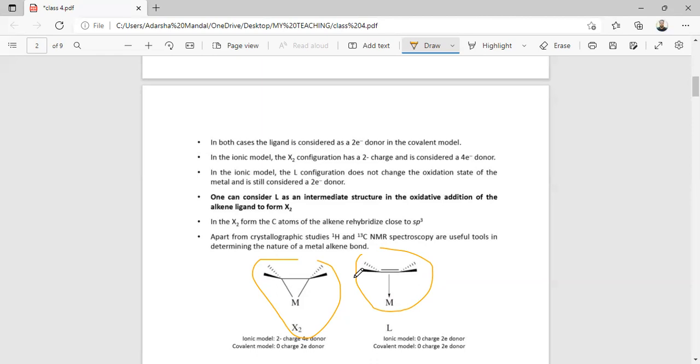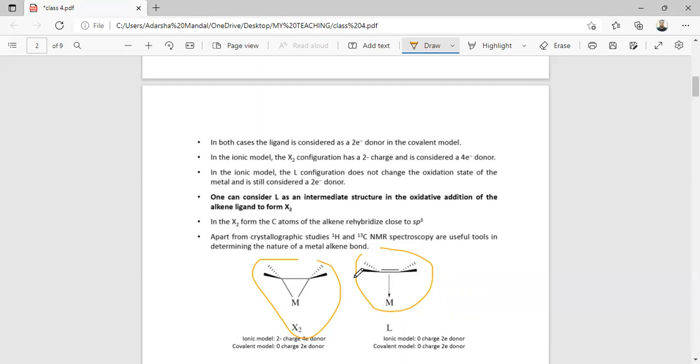In both cases, the ligand is considered a two electron donor in the covalent method. But in the ionic model, the X2 configuration has two negative charges and is considered a four electron donor. In the ionic model, the L configuration does not change the oxidation state of the metal, and is still considered a two electron donor.